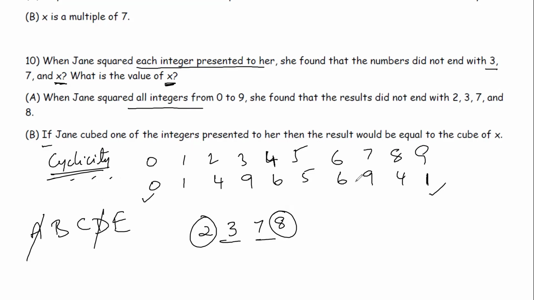See the difference between each integer presented to her and all integers. Are you getting the picture? So when Jane cubed one of the integers presented to her, the result is equal to the cube of x, then that integer is x itself, right?